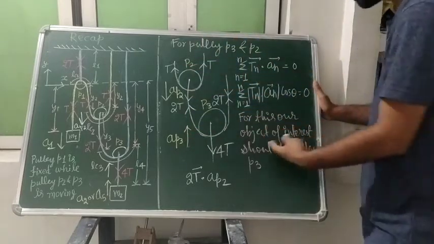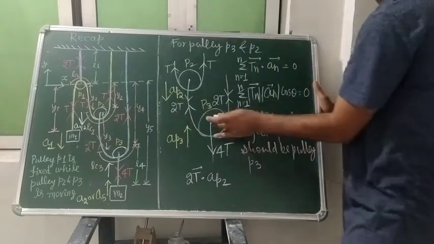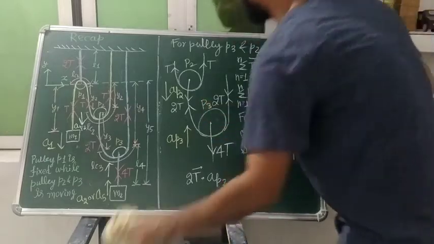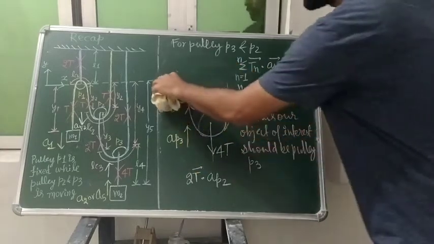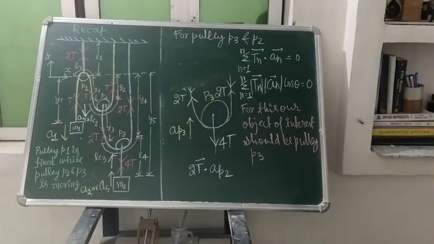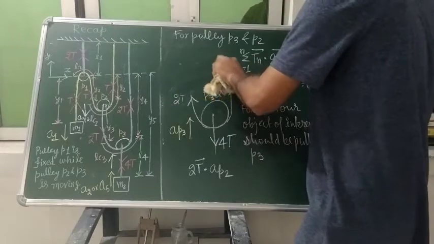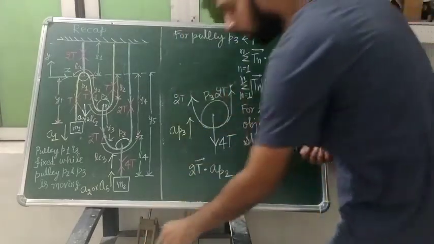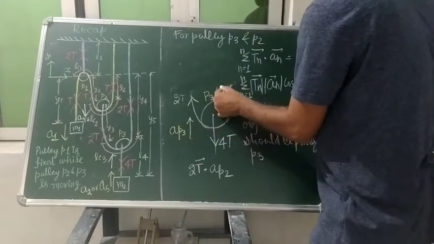Notice it. Our object of interest is P3. 2T will act upside for pulley P3. So I should remove it. I have removed P2, since our object of interest will be P3.